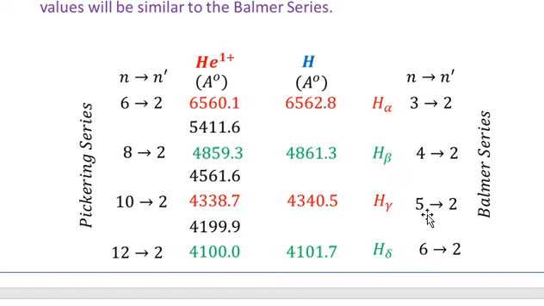The third line of the Balmer series under the transition will be from quantum state 5 to quantum state 2, will give you a wavelength of 4340.5, and this wavelength is referred to as the H gamma line.